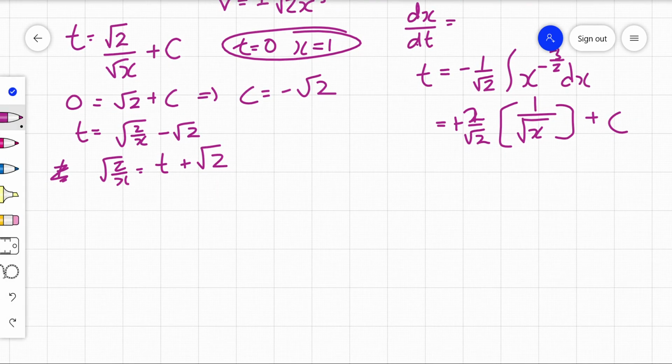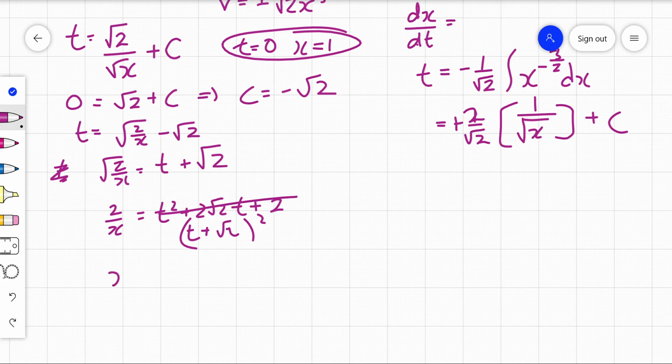And then square both sides. Actually, I might just leave that as t plus root 2 all squared. That's easier, looks nicer. Then we tip that upside down and times by the 2 over here, so the 2 is going to go at the top, and we have t plus root 2 all squared here. So that's the displacement time equation there.